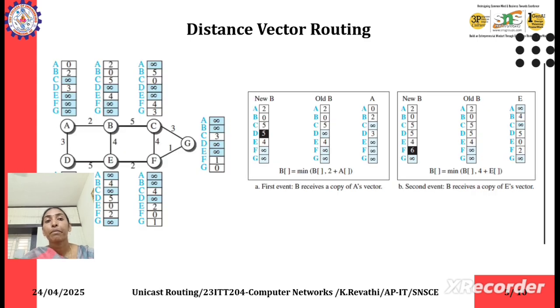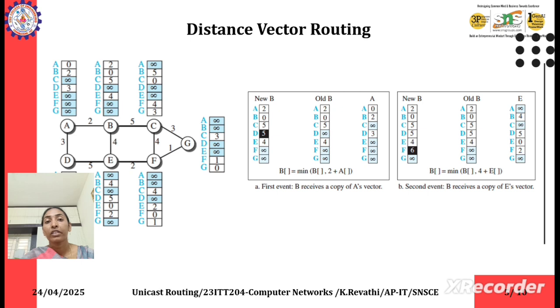Here is the example for the distance vector routing algorithm. In this example, we have seven nodes named A, B, C, D, E, F, and G. We have to find the initial routing table and the final routing table for each and every node present in the network.